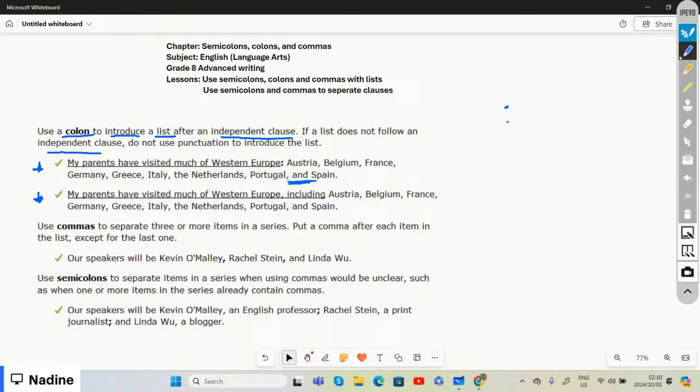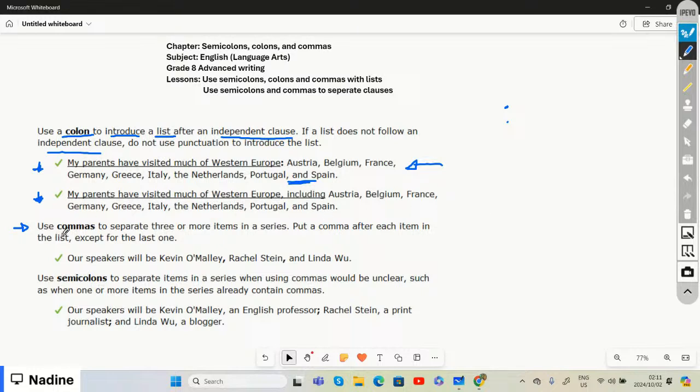All right, then we have commas. We can use commas for a lot of things, right? We can use commas to separate three or more items in a series, where if you add more than one, like a list of certain things, we call that a series. Then you need to add commas, and before the last one, you put "and."